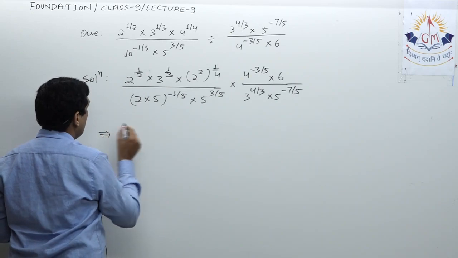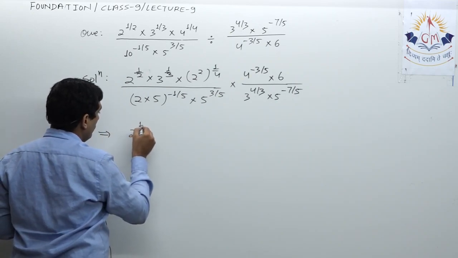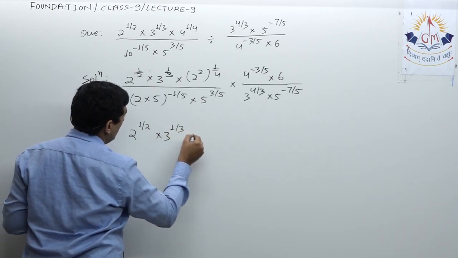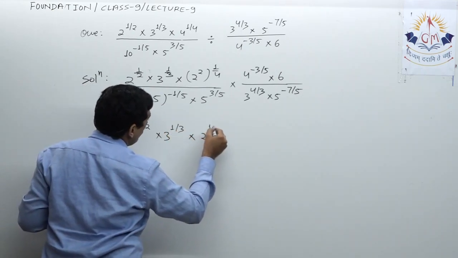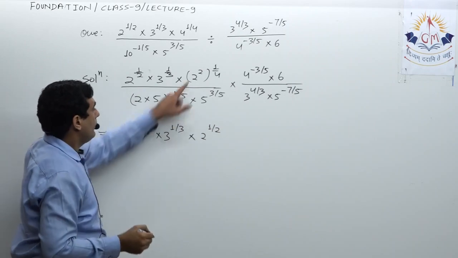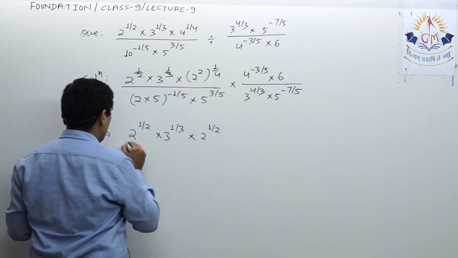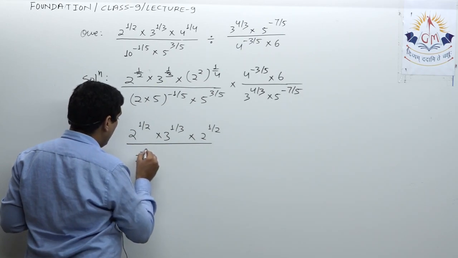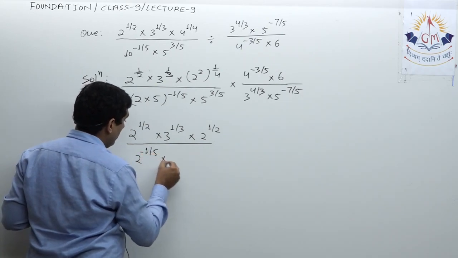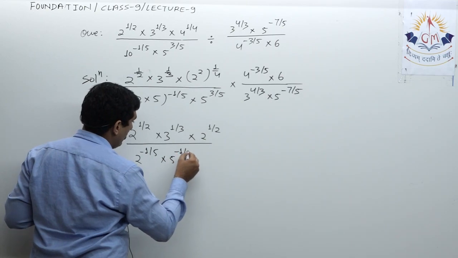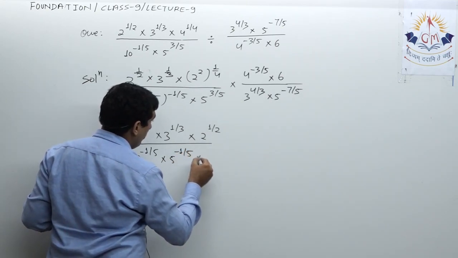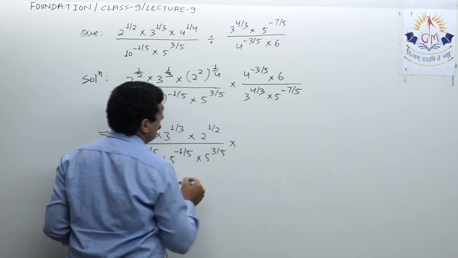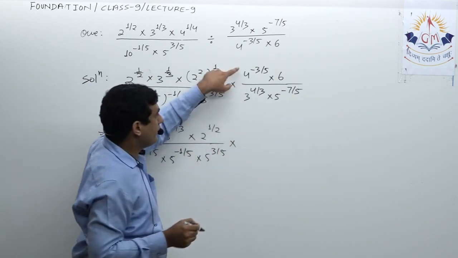Now this is 2 raised to 1 by 2 into 3 raised to 1 by 3 into 2 raised to 2 by 4, that is 1 by 2, divided by 2 raised to minus 1 by 5 into 5 raised to 3 by 5 multiplied by. Now here I am writing this directly.